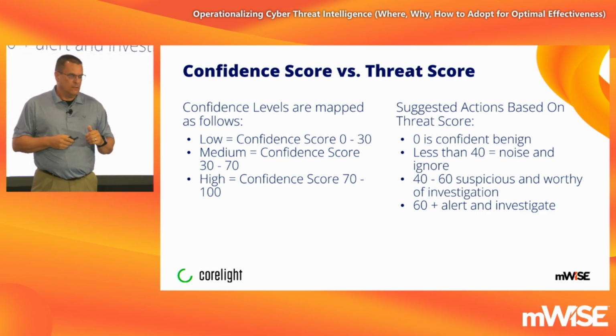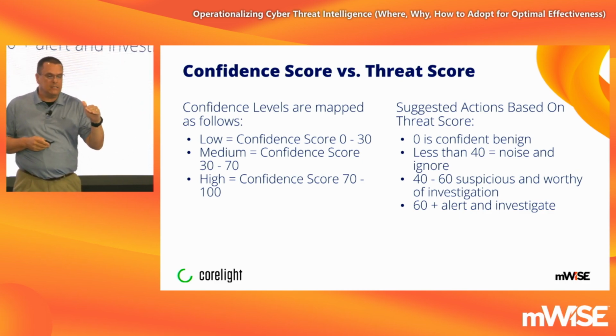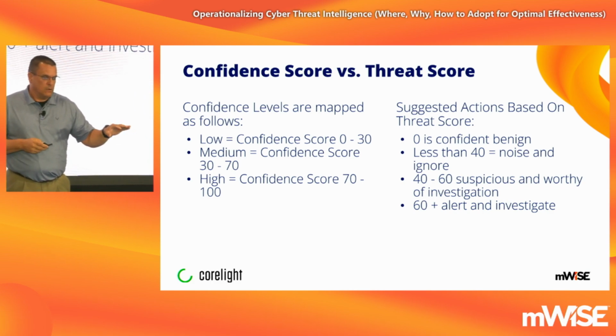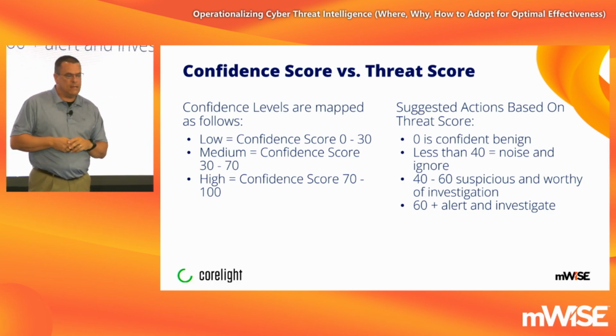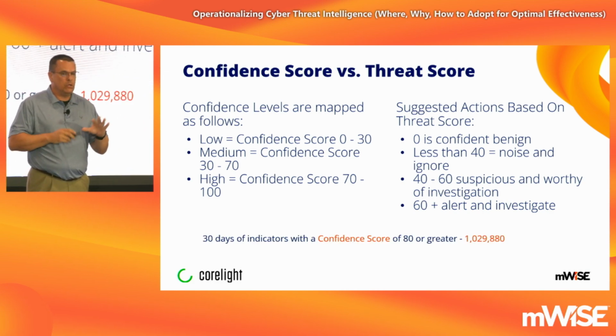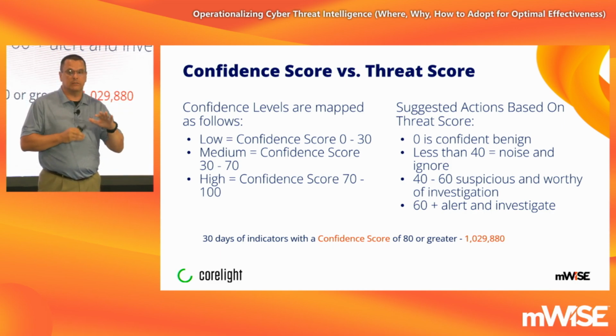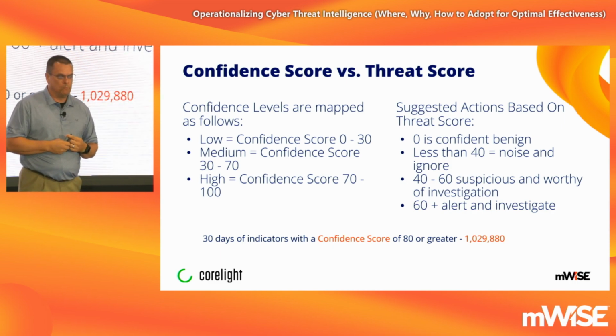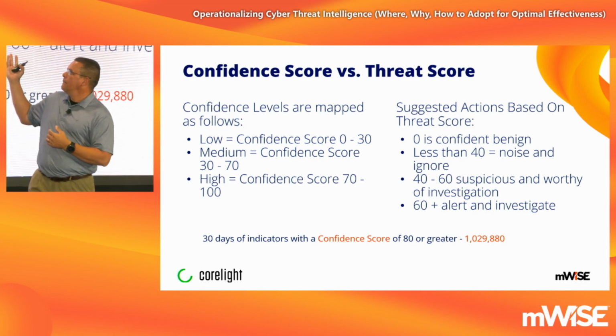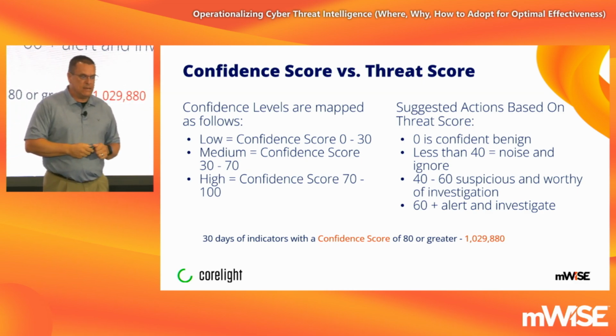If you take 30 days of indicators of confidence scores of 80 or greater, you get over 1 million indicators. This is Mandiant Advantage threat scores. About 1,030,000 indicators.